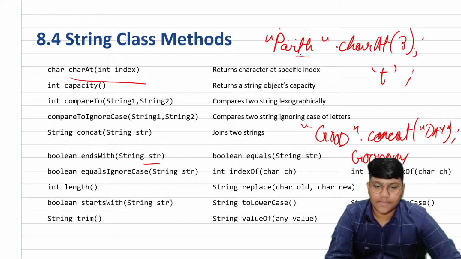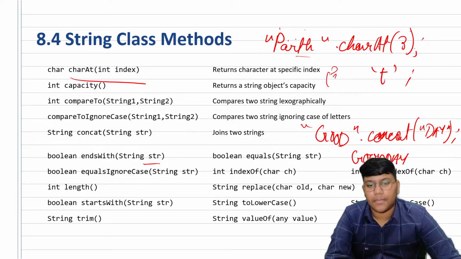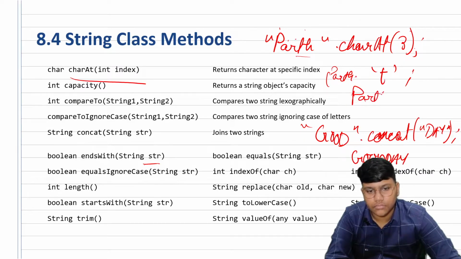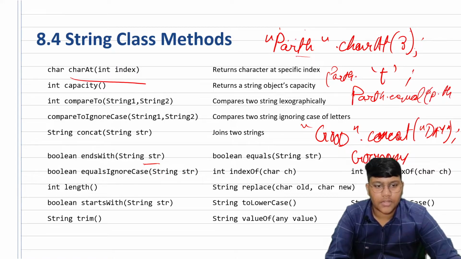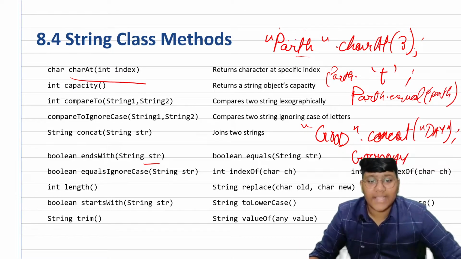Boolean equals will check if two strings are equal. For example, parth.equals("Parth") will be false. Why will this be false?